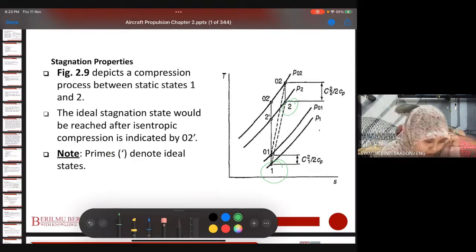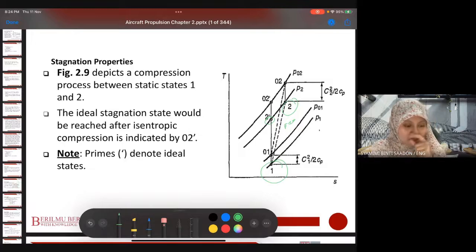Ni the ideal process or real case. Real case is a bit around sikit, this is real case 1 to 2. Kalau the ideal isentropic 1 to 2 prime. Okay, that is only for static states.